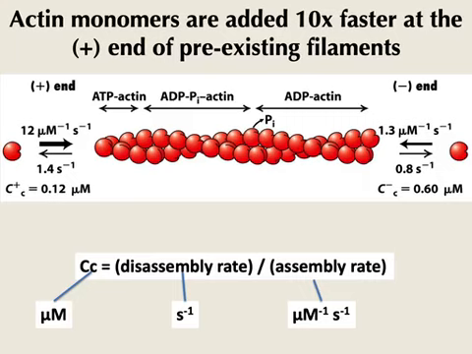So that's about 5 times higher. So you have a range of concentrations, typically between 0.12 and 0.60 micromolar, where you're going to have polymerization at the plus end, but no polymerization at the negative end, and therefore rather depolymerization.